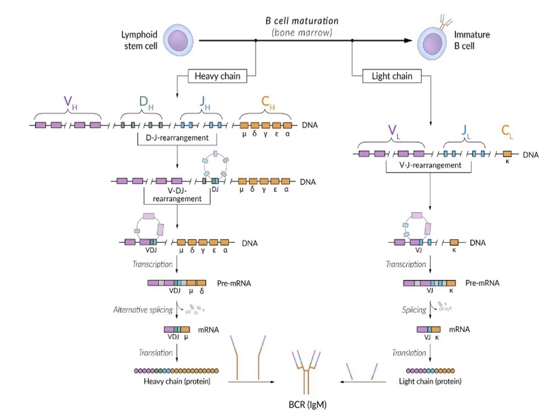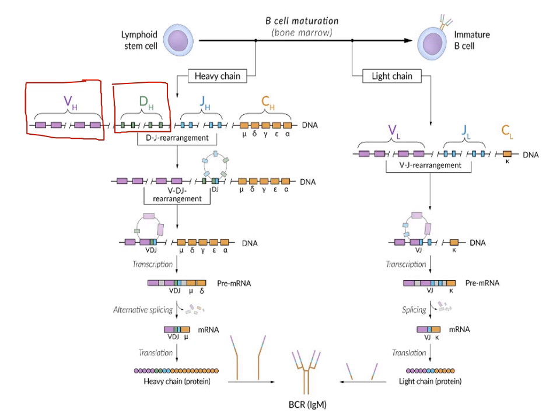For the heavy chain, we have four major types of regions, and each of those regions has different forms of genes. The variable region has 40 different genes that can form it. The diversity region has about 10 different genes. The joining region has about 6 different genes, and the constant region has about 9 different genes.